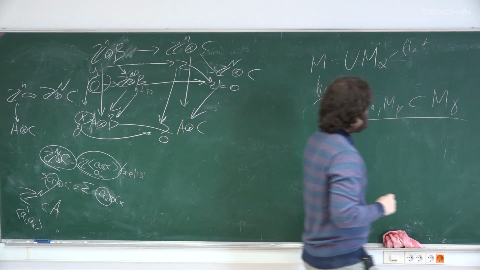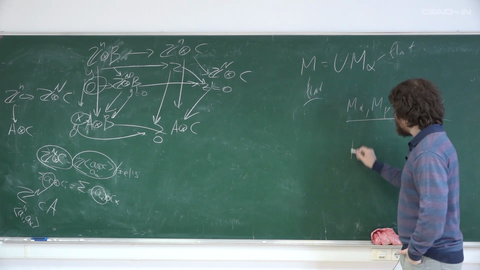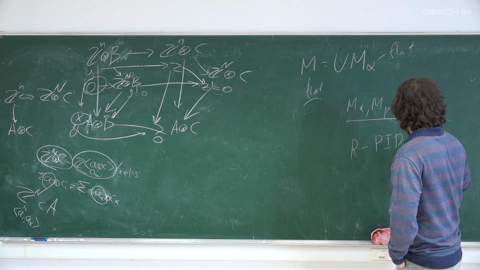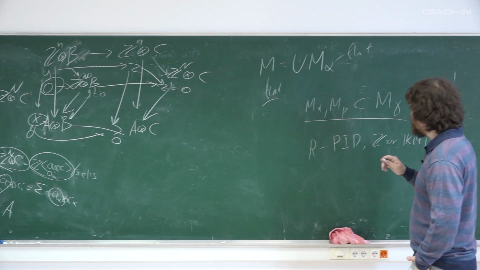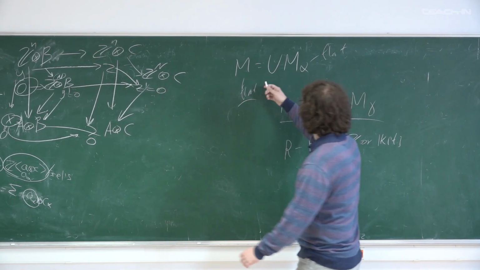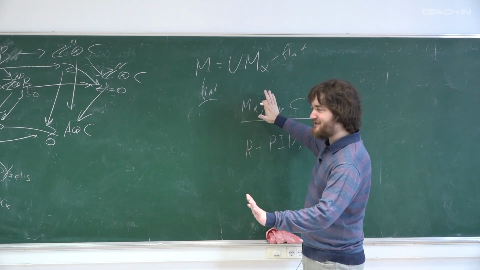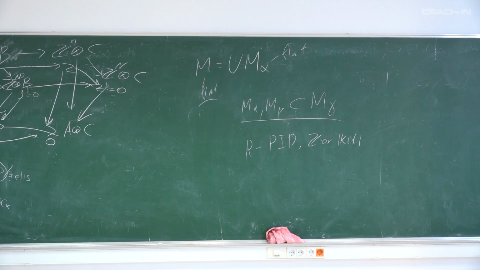Okay. For example, if R is a PID, principal ideal domain, Z, or polynomials in one variable over a field, then, again, for example, this works for the family of all finitely generated submodules, then this is true. And if you know that any finitely generated torsion-free module is flat, then any torsion-free module is flat.